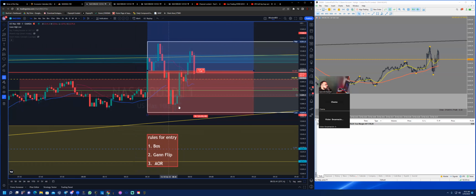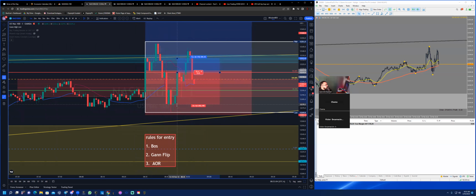Then we saw AOR, area of rejection, found support right here. Support means that it's going to find a place to land. So love this right here. That became support. Structure here. That's where we jumped into this bar right here.